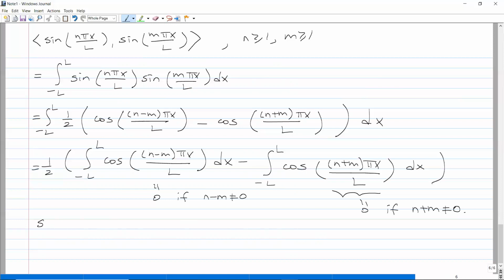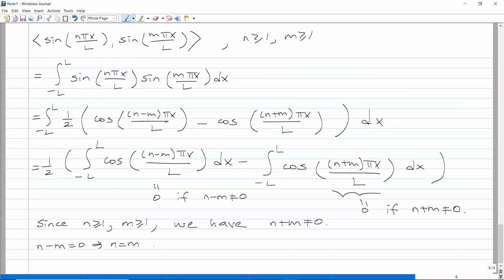But since n is greater than or equal to 1 and m is greater than or equal to 1, we have n plus m always different from 0. So the second integral is always going to be 0. We are going to have only the first integral for n minus m equal to 0, that means n equals m.